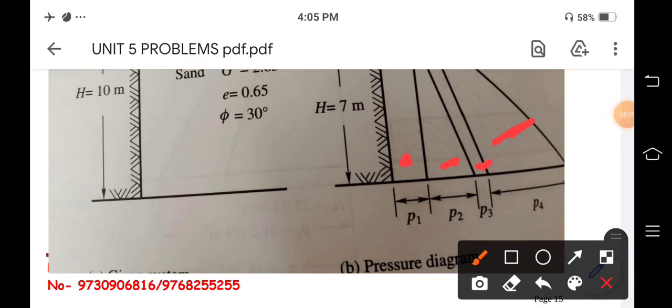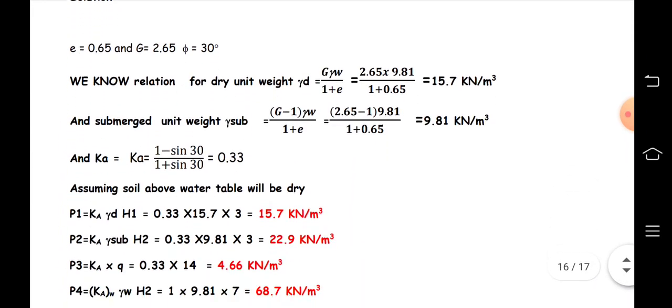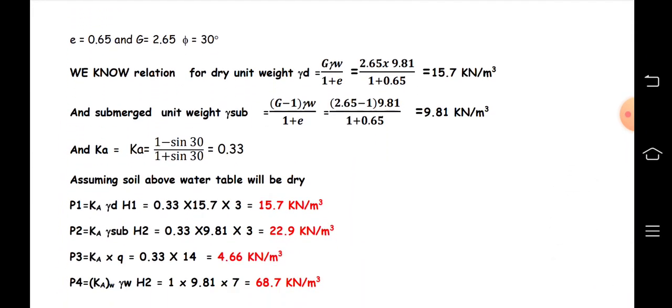Okay, 1, 2, 3, 4. So now we have to calculate all these. First of all, we know the values of the unit weights. From that we can put the values in our formulas and then solve the problem.